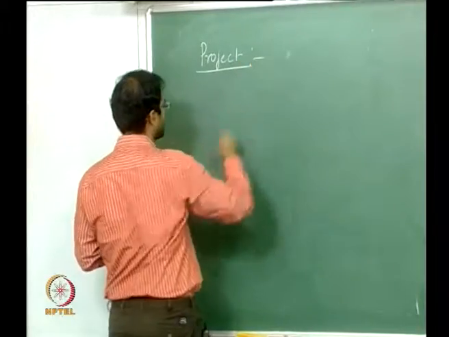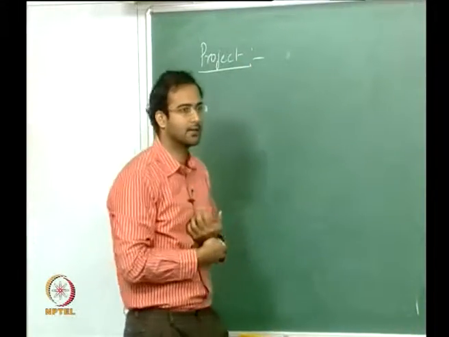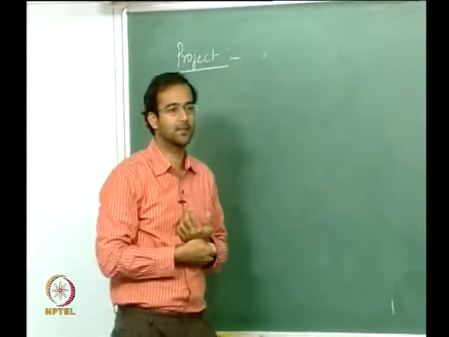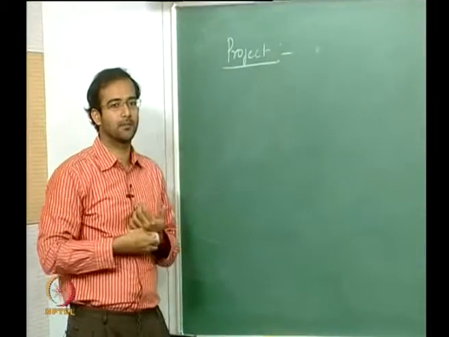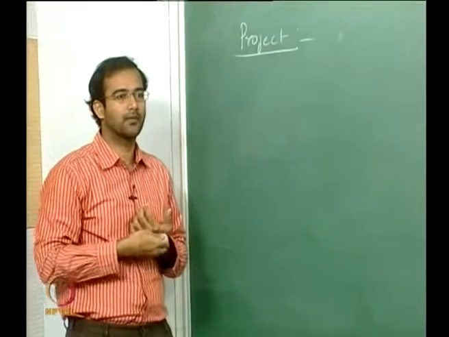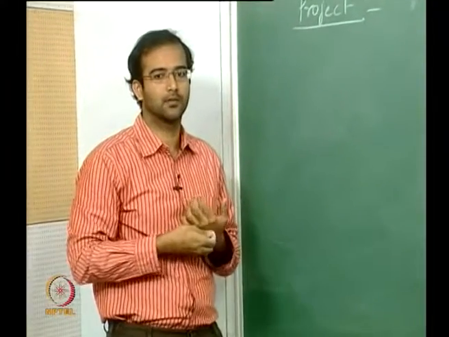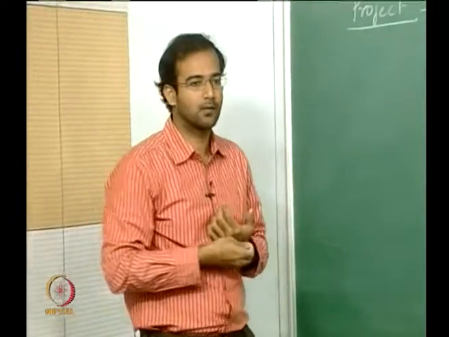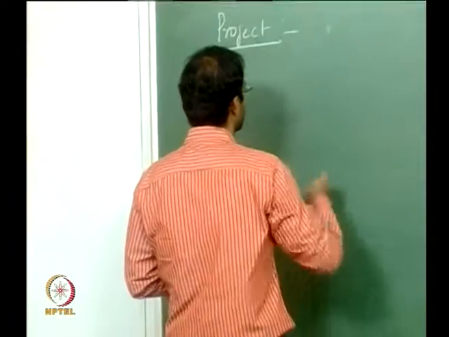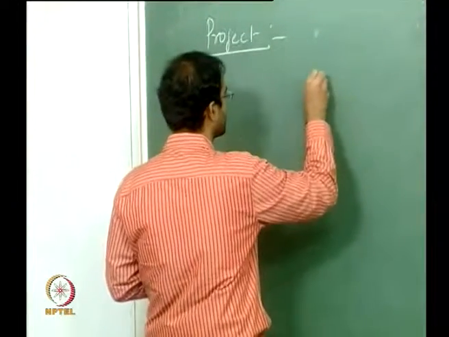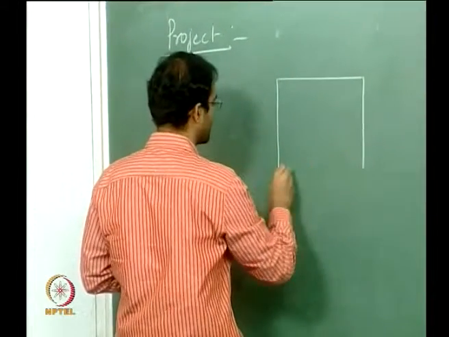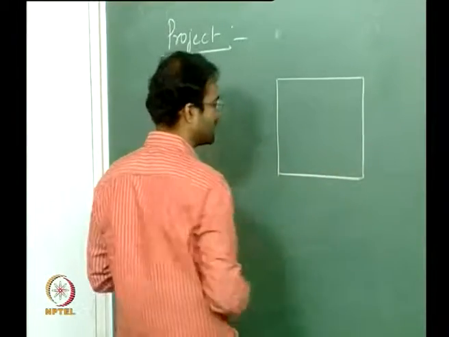of course I am being a little hasty here. Before the topic of natural convection is taught to you, I am giving you the problem, but I think most of you have a basic heat transfer background and will be able to quickly appreciate what I am explaining here. So you can consider a square cavity, just for geometrical as well as computational simplicity, nothing else.